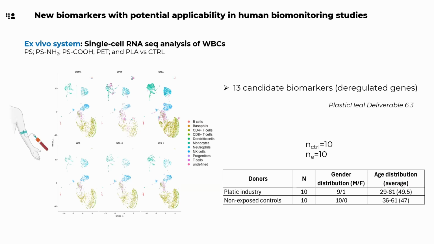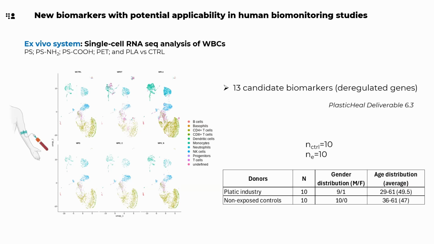So thanks to single-cell RNA-seq, where we can discriminate the different blood cell types and the expression changes in each one of these cells, we specifically asked the machine to retrieve the regulated genes in these white blood cells and the other data sets and for all the different plastics.